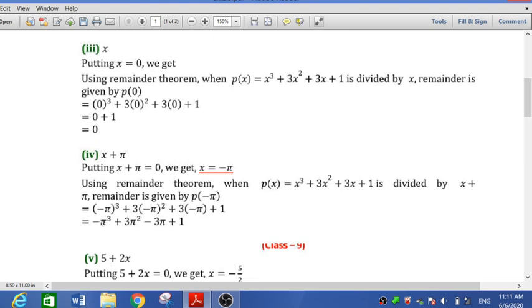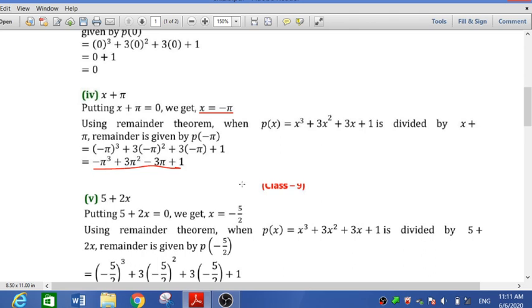Here the power is odd, so the answer is negative. And 3 into minus pi, that is minus 3 pi, plus 1. But we cannot simplify this, we cannot add or subtract anything. We have to put it as it is. Remember, that is important.